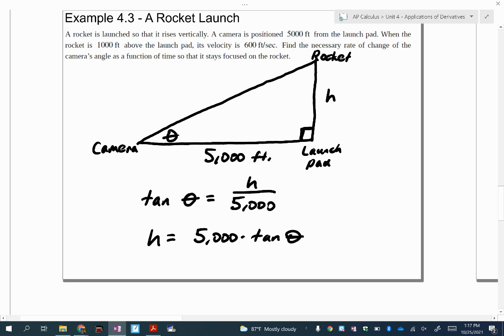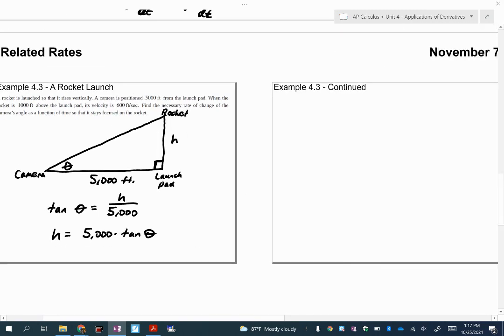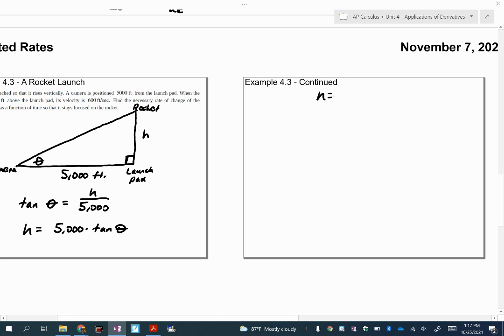Now the second step is to take the differential, or find the differential equation with both of these with respect to time. So I'm going to find the derivative of this. I'm going to go to the next slide here and just copy this down. So h equals 5,000 times the tangent of theta, okay?